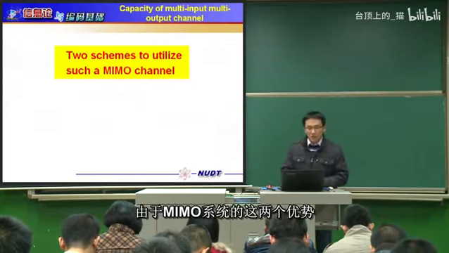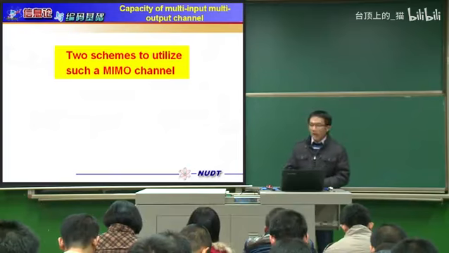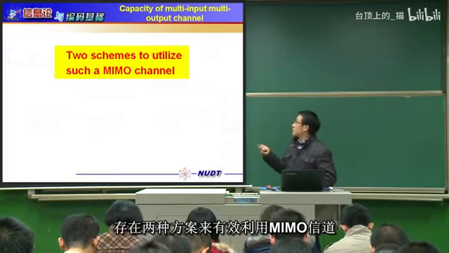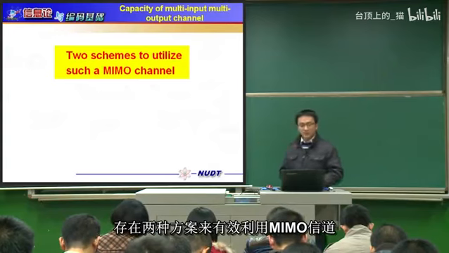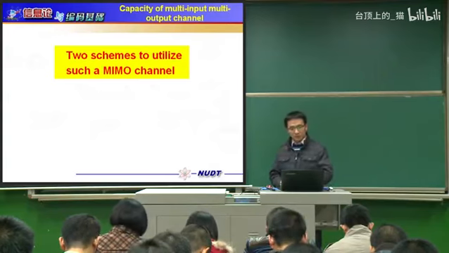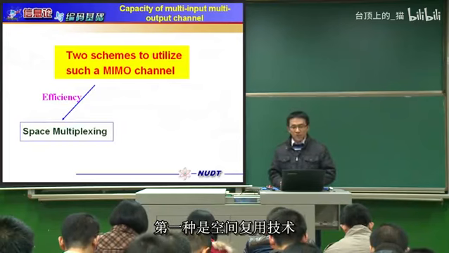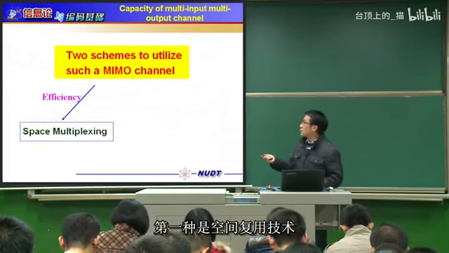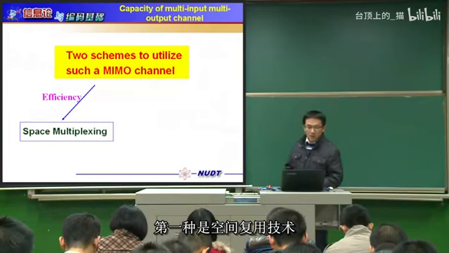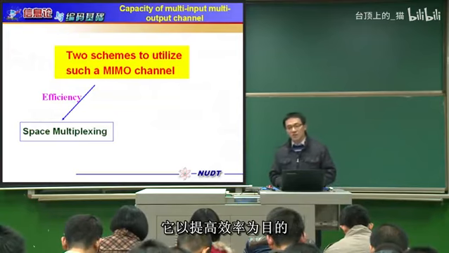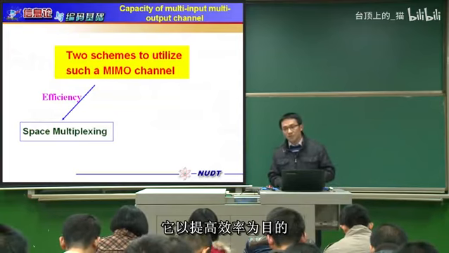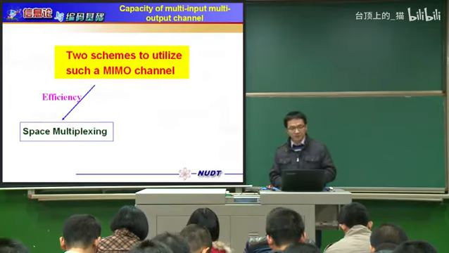According to the two advantages of the MIMO system, there are two schemes to utilize such a MIMO channel. First, in order to improve the efficiency, people proposed space multiplexing, which is a scheme for the MIMO system.